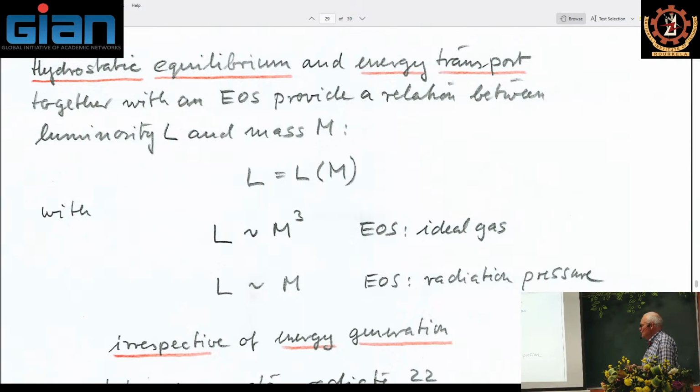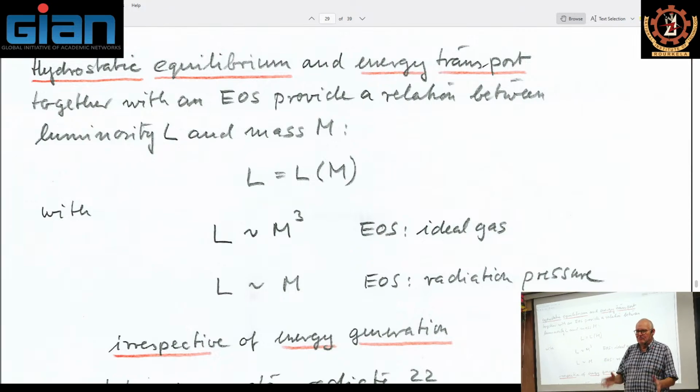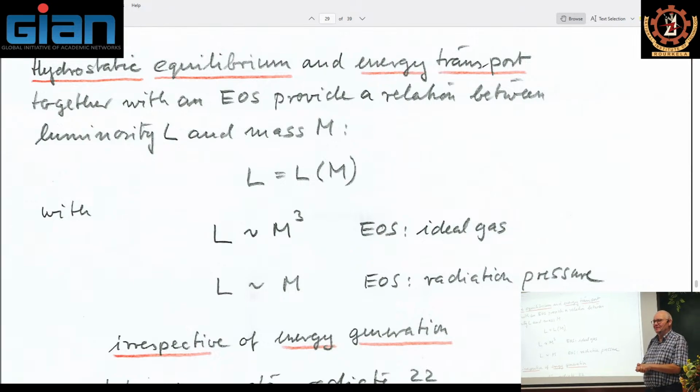The essential point is that this luminosity-mass relation is valid irrespective of any energy generation process. And now we can come back to our initial question: why does a star radiate?